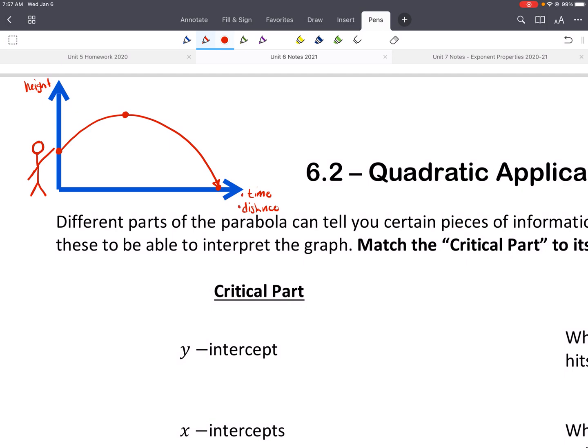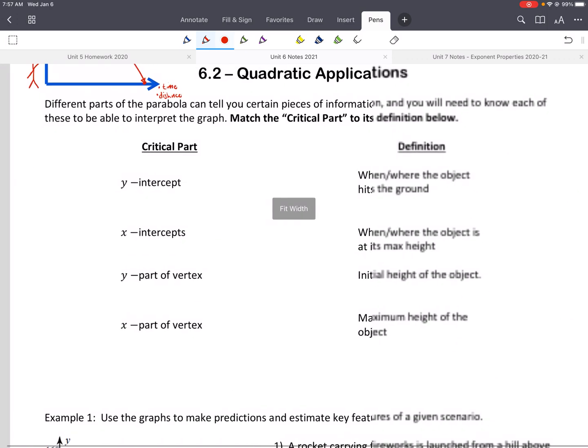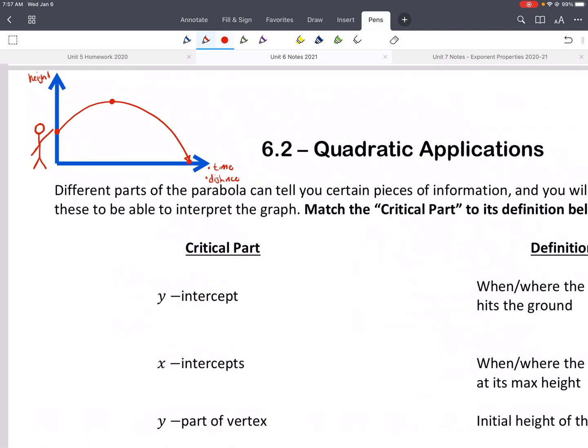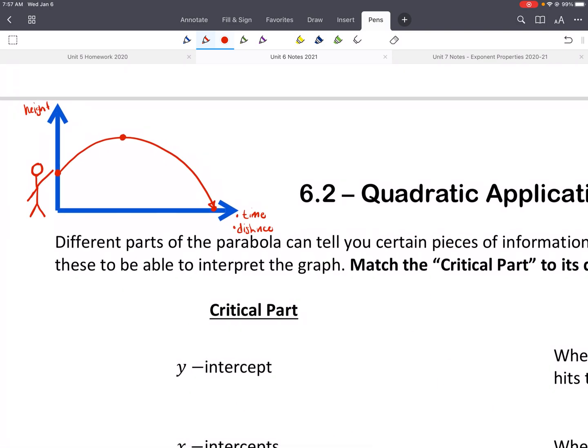So here they're asking, what is the maximum height of the object? How does that connect to our key features? Well, the maximum height here, maybe I'll do green here, is the y value of your vertex.